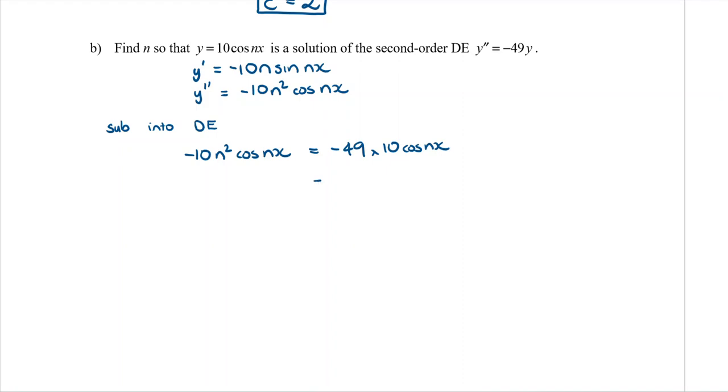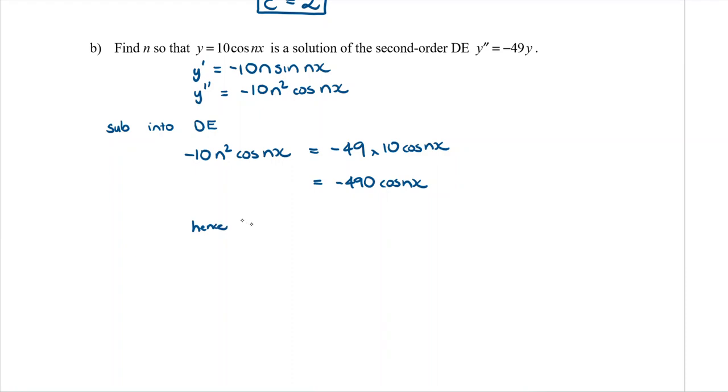If I multiply the negative 49 and 10, I have negative 490 cos of nx. I'm going to cancel the cos nx first, because there's cos of nx on both sides. We're basically equating the coefficients of the cos of nx.